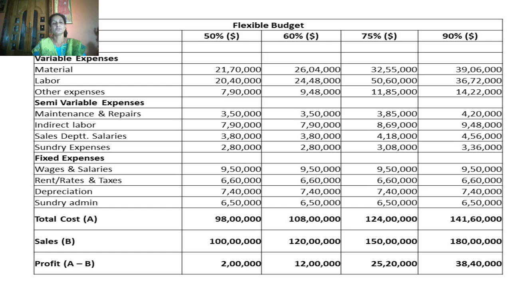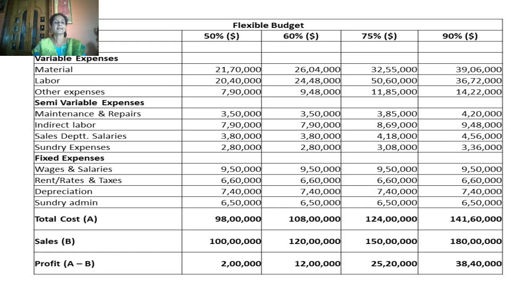So this 3,50,000 you can take as the same amount even for 60%, because they have clearly mentioned that from 45 to 65%, the cost remains the same under semi-variable expenses. There won't be a change up to 65%. Same amount you can consider even for 60%.